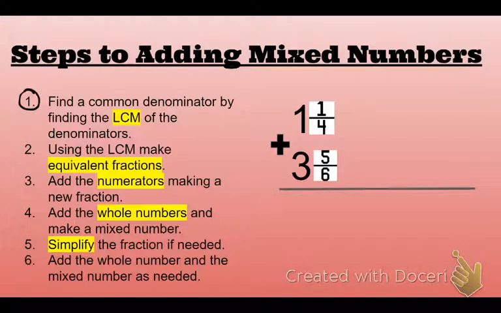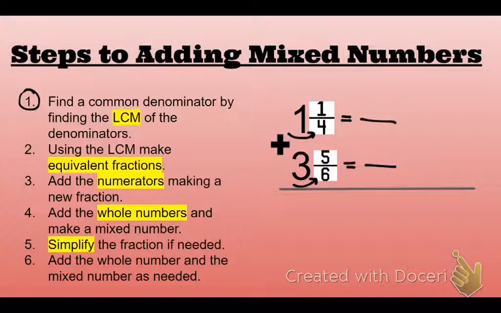So step number 1 asks to find a common denominator by finding the LCM of the denominators. We have been through that. As we look, we can see we have a 4 and we have a 6. We do not have a common denominator, so we're going to have to make a common denominator. As we look at these two denominators, 6 and 4, 6 is our largest number, and I ask myself in my head, can I multiply 4 by something to make it equal to 6?